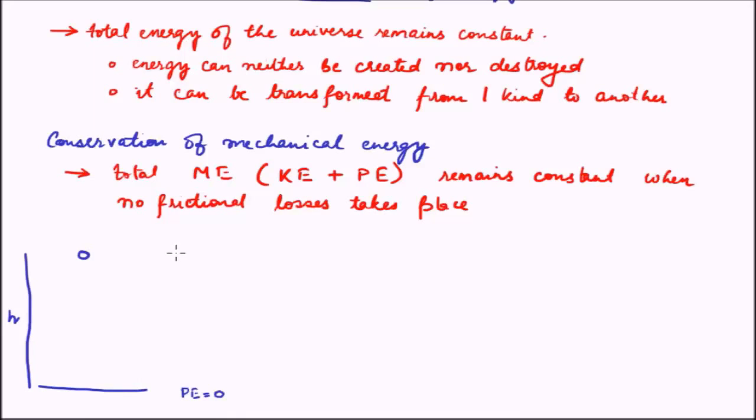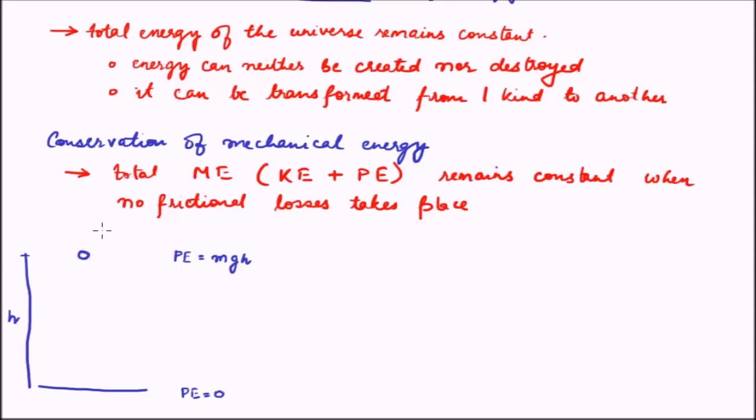Now we know that the potential energy at a height h is given by mgh, where m is the mass of the body. So this ball has a mass m. Therefore I can write the potential energy is mgh at this particular height, and the ball is dropped from this location.